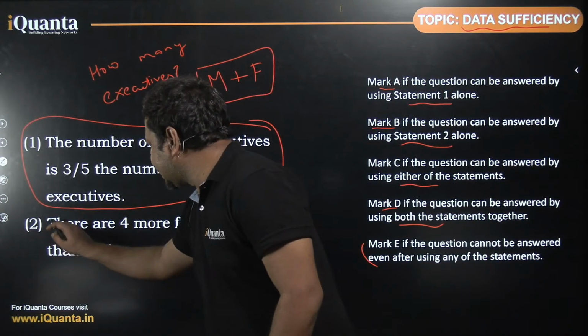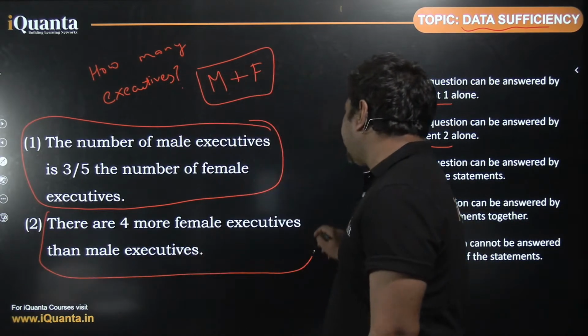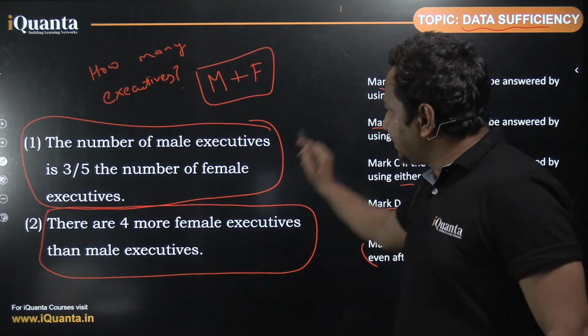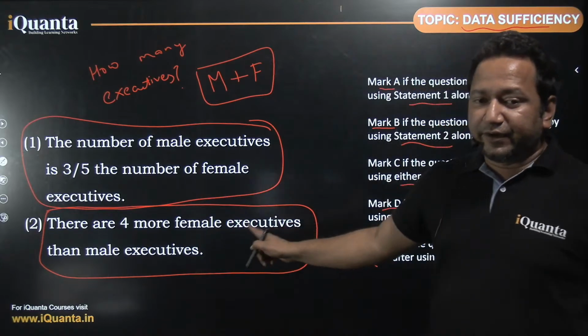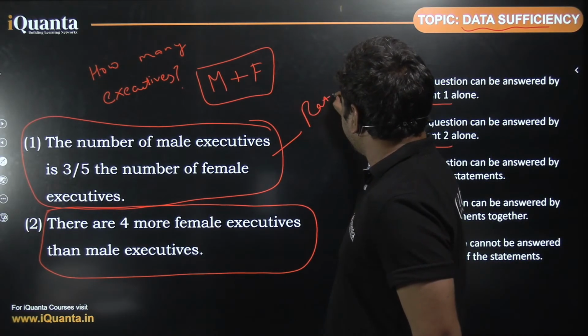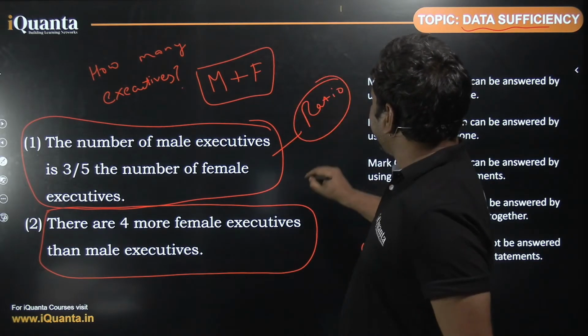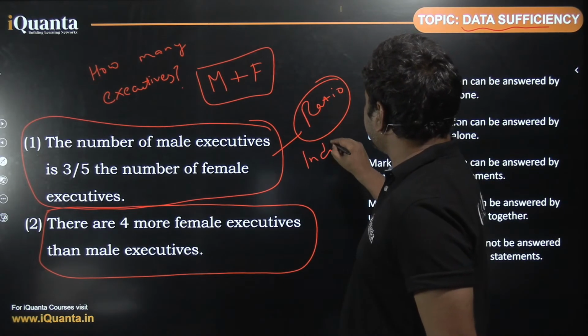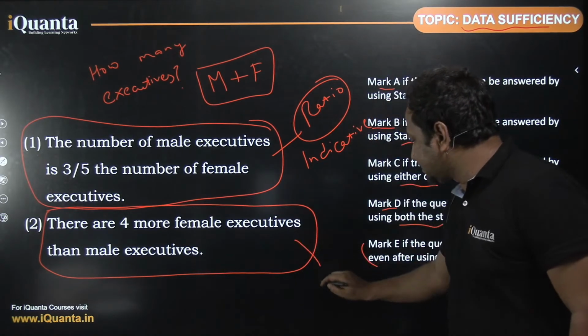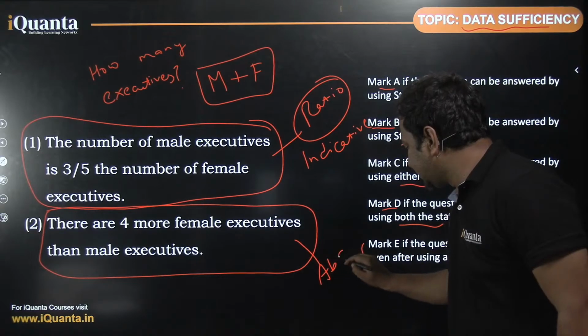Now, the second statement says there are 4 more female executives than male executives. Without even framing the expression, we can answer this. This part was in terms of ratio, which is just indicative information, and this is absolute information, right?